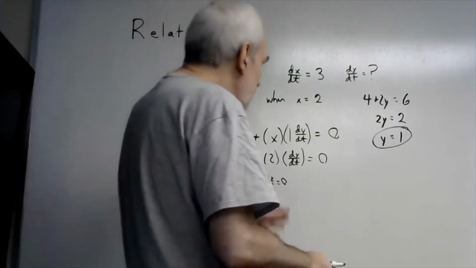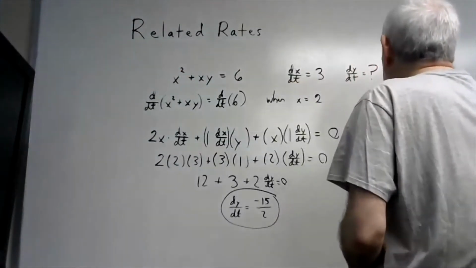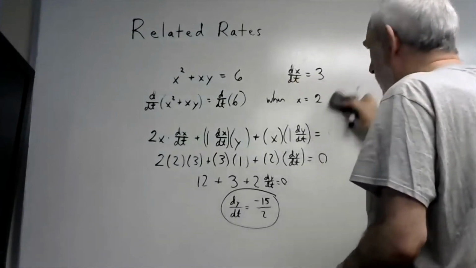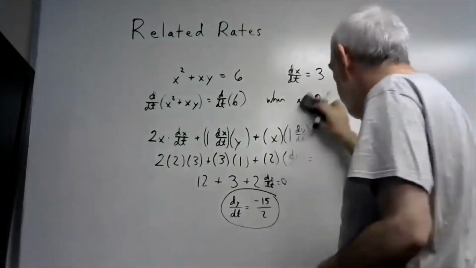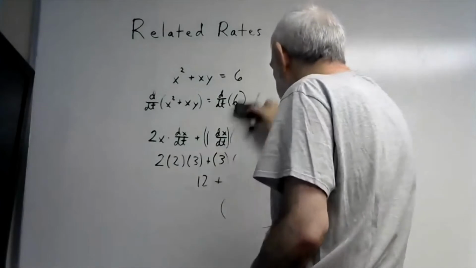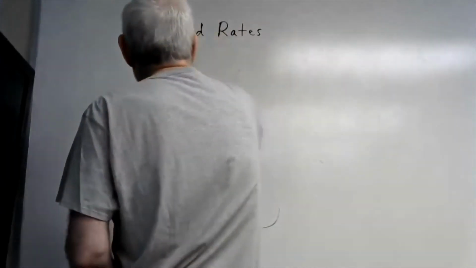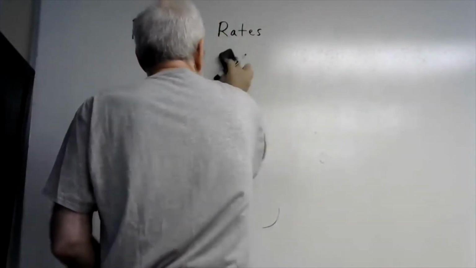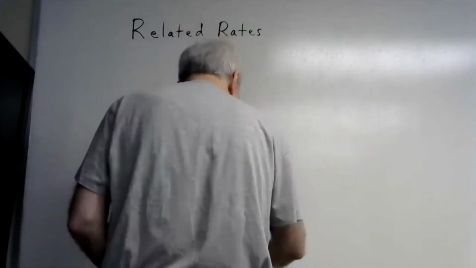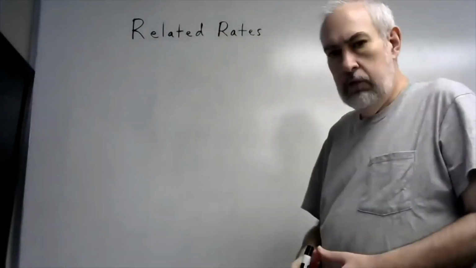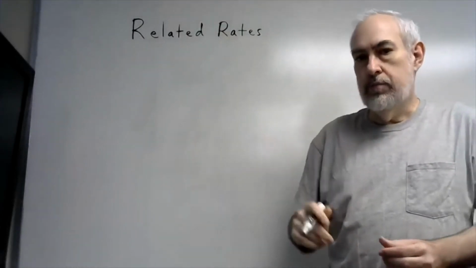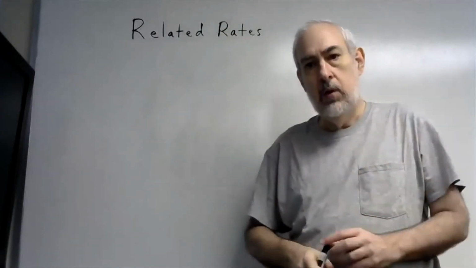Okay. Next, let's do an example where the problem is your more typical word problem. I'm not going to write down the word problem word for word, so just follow along with me.